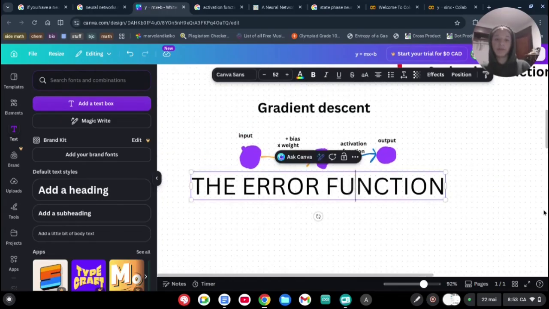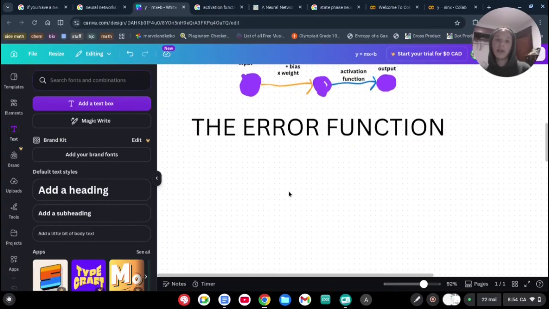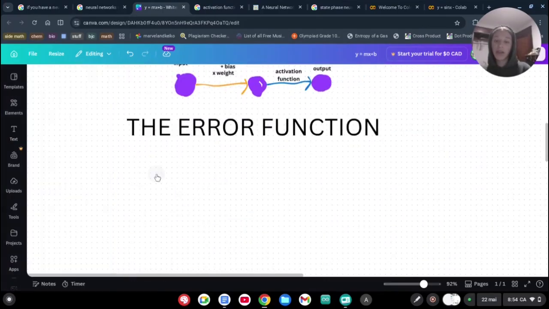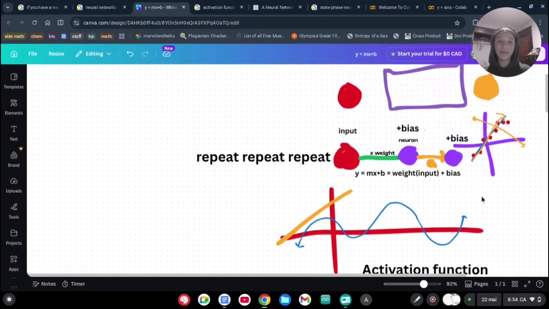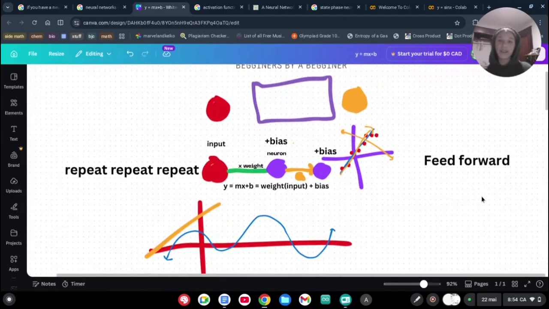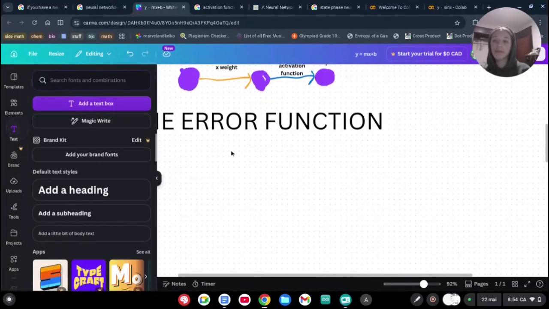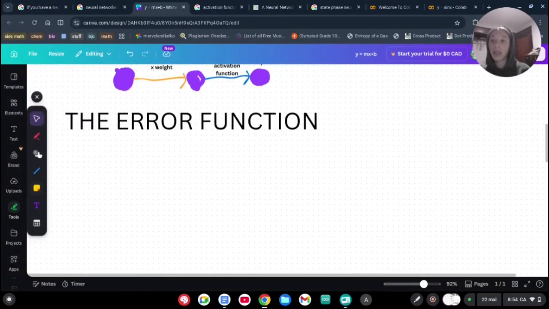So, what is the error function? Well, the error function is just a measure of how wrong the neural network is. So basically, if I had an input 5, and let's say the function I'm trying to approximate is, okay, let's get some writing going.